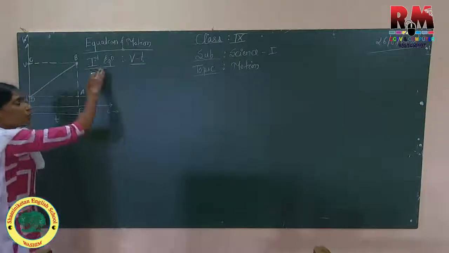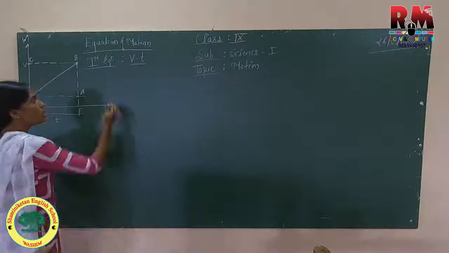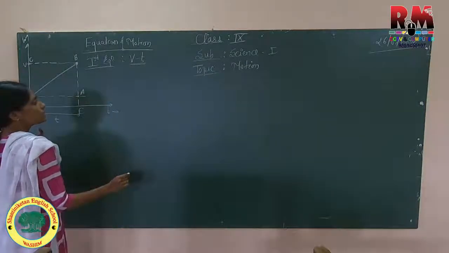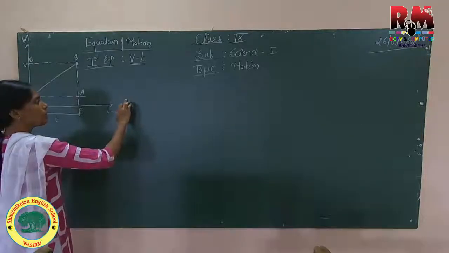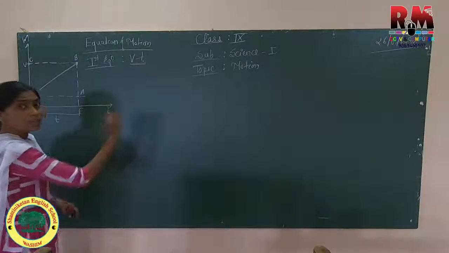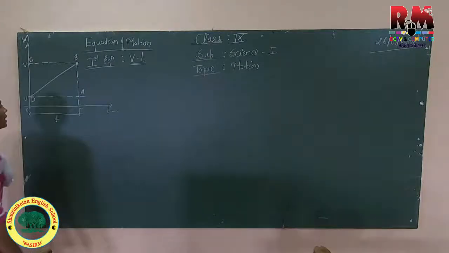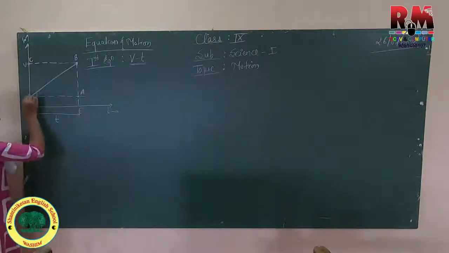Before giving the first equation, let us find some of the basic things which we will need for other equations also. Let us introduce an object which is moving with initial velocity u.